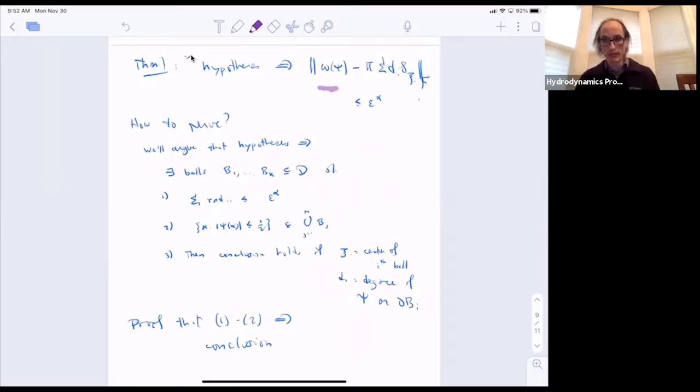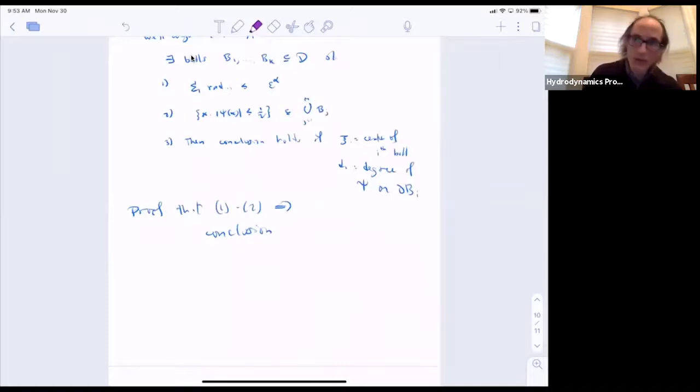They mean that I can find these balls whose radii are some power of epsilon, a tiny number. So we think of the vorticity as being concentrated in the set where the modulus of psi is less than 1/2. And remember, the modulus of psi wants to be 1 most of the time, because in this regime psi squared minus 1 is very small in L2. And so this means the vorticity is concentrated in these balls in the sense described below.